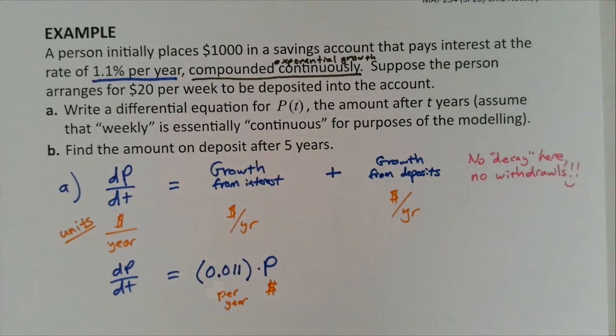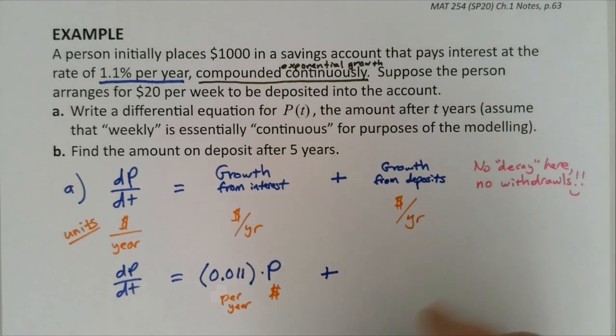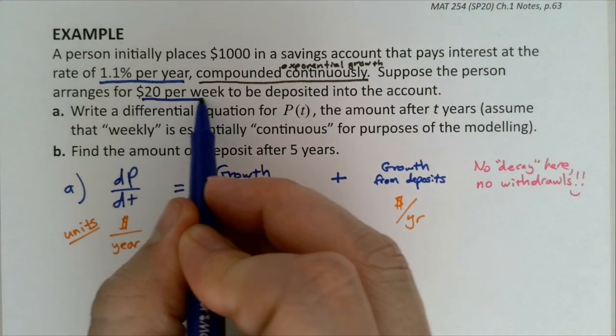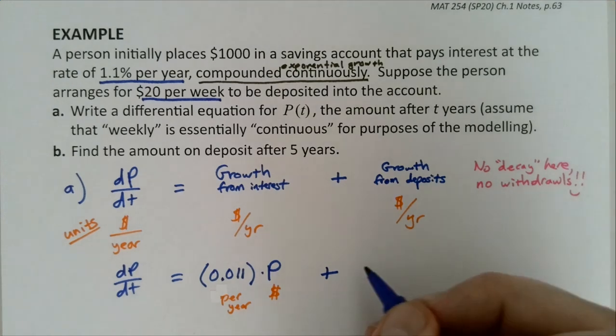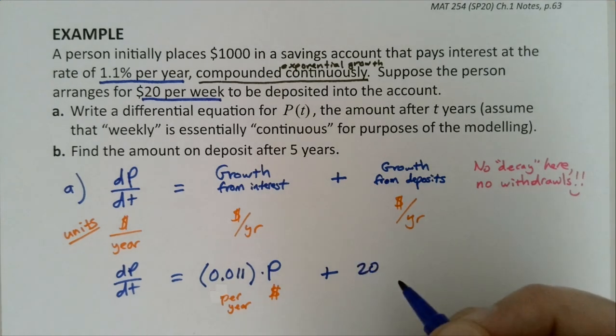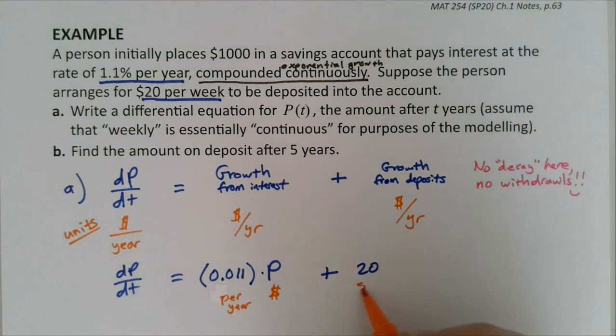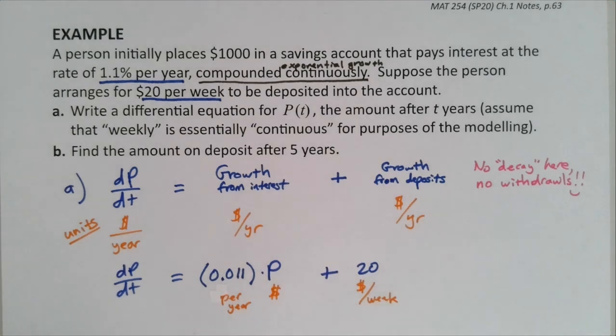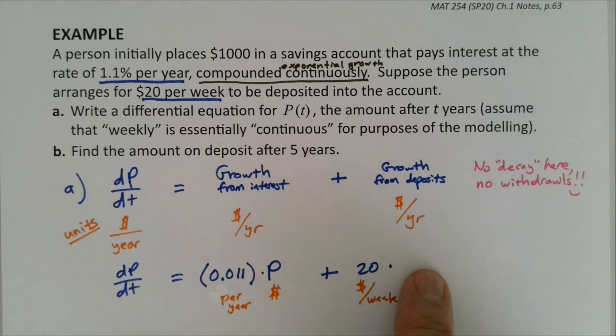The other term, the growth from deposits, well, what do we know she's doing? Well, she's dropping in $20 per week. So we can write that and say $20 per week, but it's dollars per week. Now, dollars per week is not the same thing as dollars per year, so what do I have to do? What do I have to multiply this by? Well, I'd have to multiply dollars per week times the number of weeks per year.